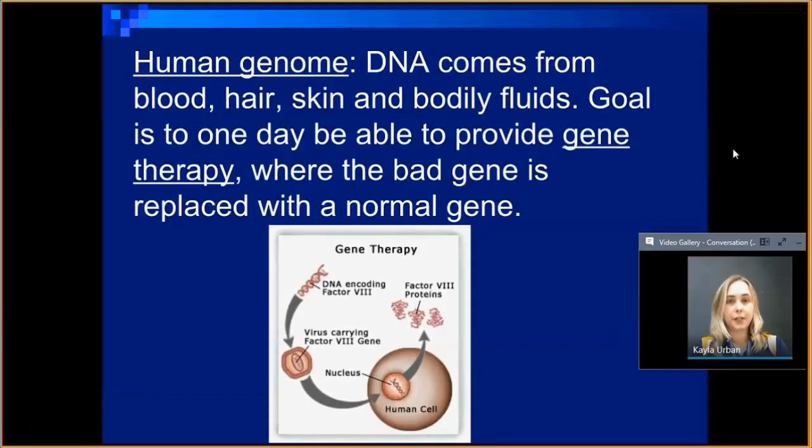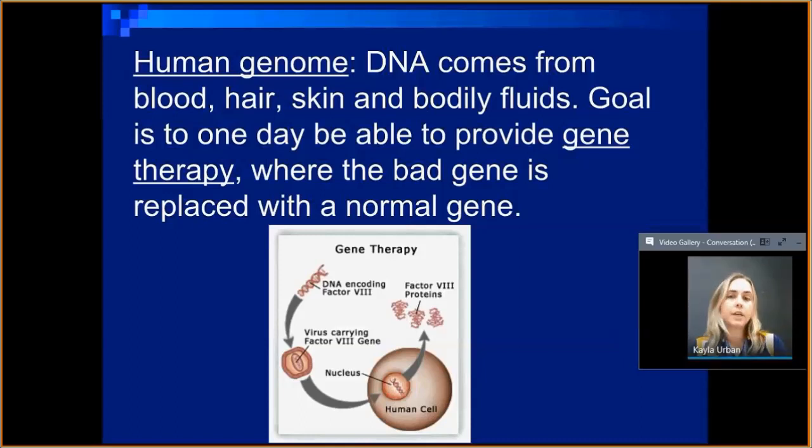The human genome is just a fancy word for all of your DNA and all of your DNA sequence and what it says. So DNA comes from blood, hair, skin, bodily fluids. If you do one of those DNA tests like 23andMe or Ancestry, they will have you spit into a vial and send off your spit, because they're able to get your DNA out of it and they can sequence it.